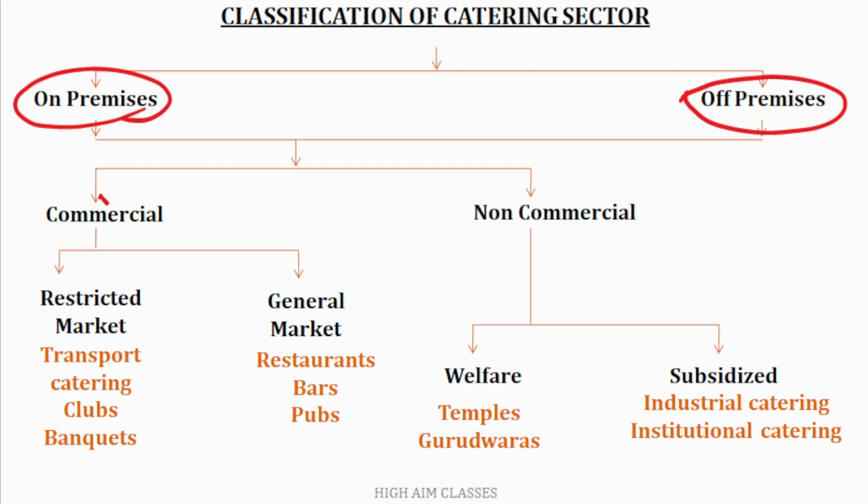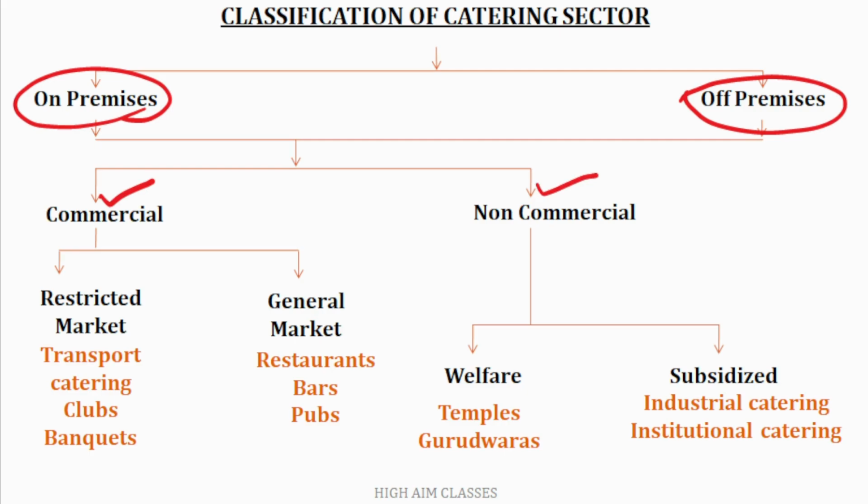Commercial is where the food is being cooked for making money. So there is a profit motive, like all the restaurants, bars, pubs. These are the commercial sector. Non-commercial sector is where the motive is not to make money.